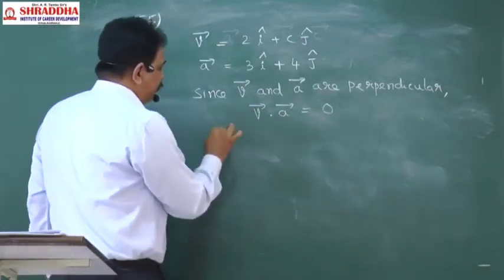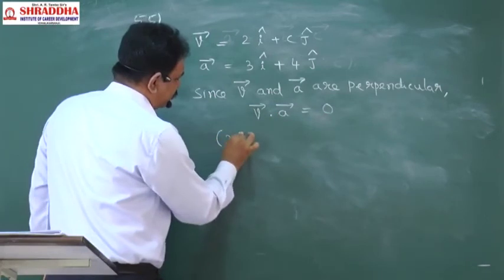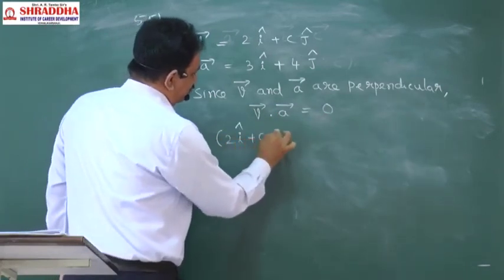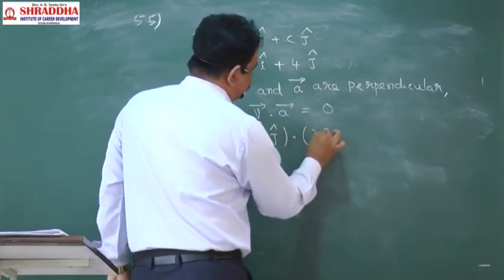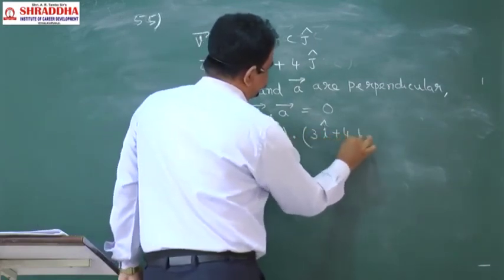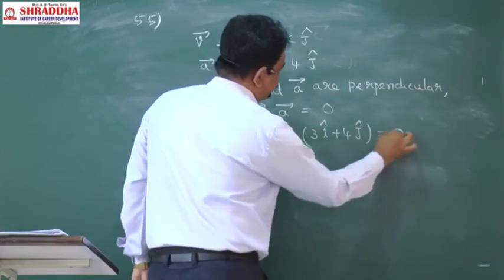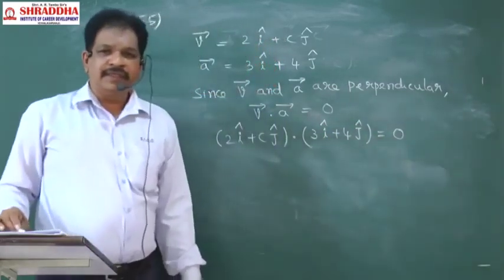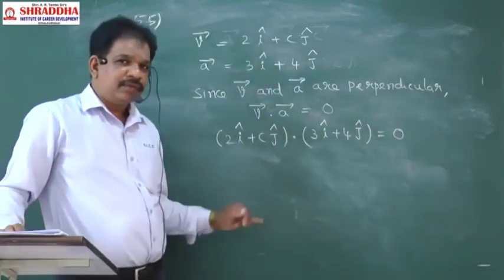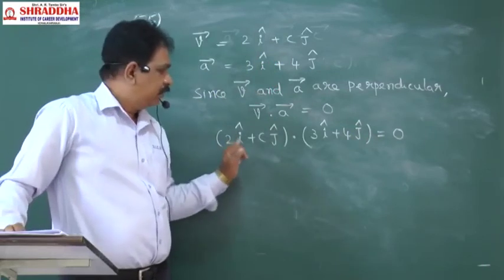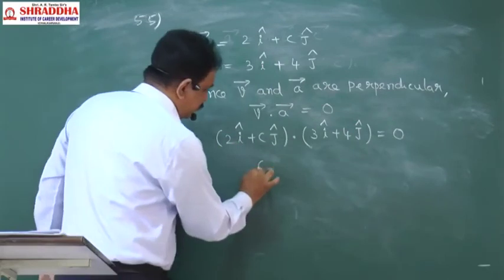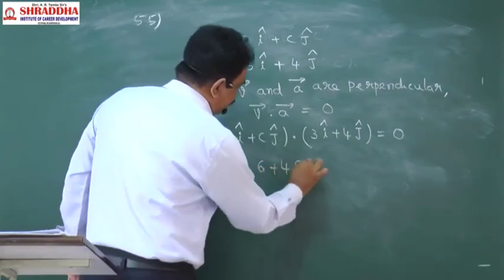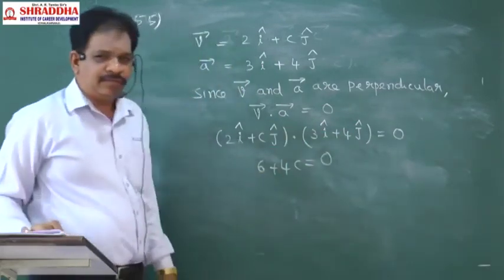V bar is 2I cap plus Cj cap, A bar is 3I cap plus 4J cap, and that is equal to 0. Then 2 into 3 is 6 plus 4C is equal to 0.